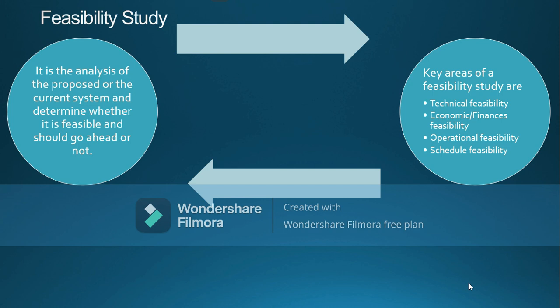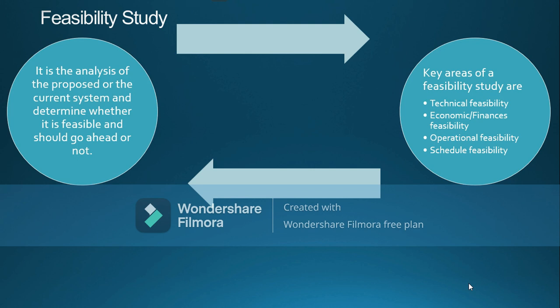Then is the schedule feasibility. It's basically in context to the timelines estimation, that what are the timelines that would be needed for this. You just estimate everything in context to the timeline and the resources, as in what are the resources that are required and what timelines would be required to achieve this project or achieve a goal.